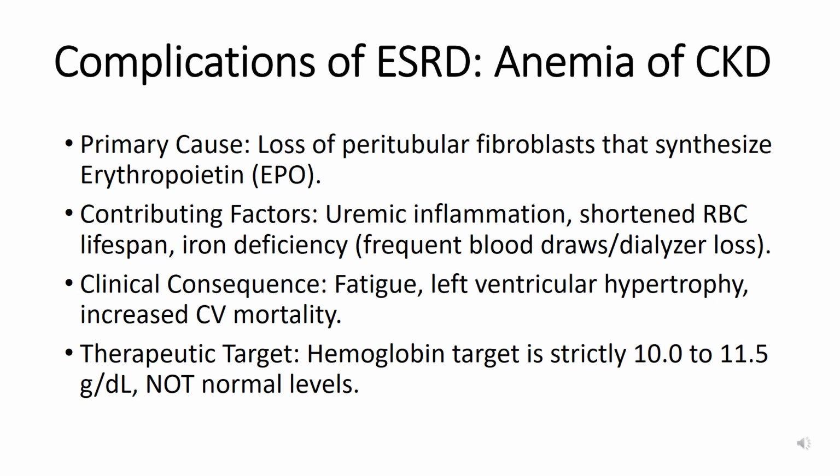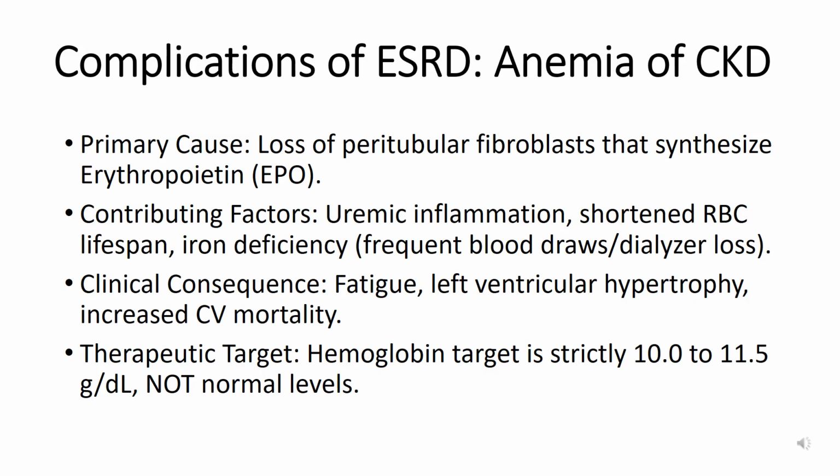Anemia is one of the most common complications of end-stage renal disease. It develops slowly, but its impact is profound. The primary problem is a loss of erythropoietin production. Erythropoietin, or EPO, is a hormone made by the kidneys. It is produced by specialized peritubular fibroblasts.